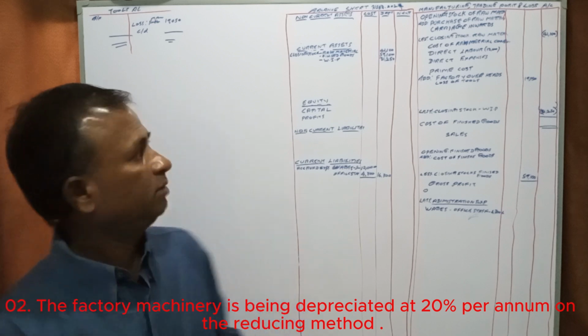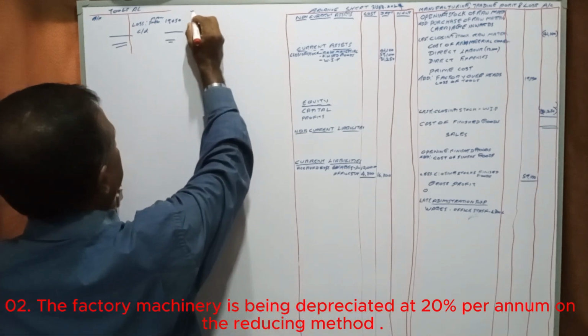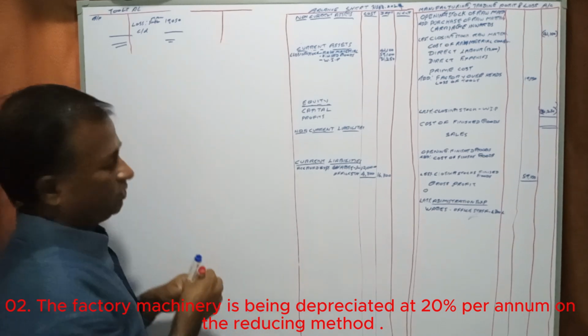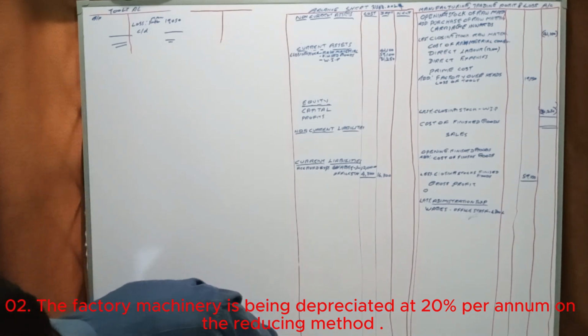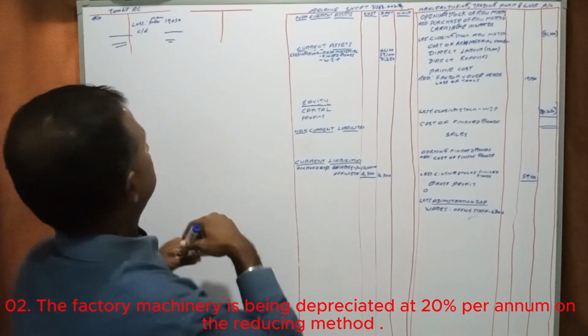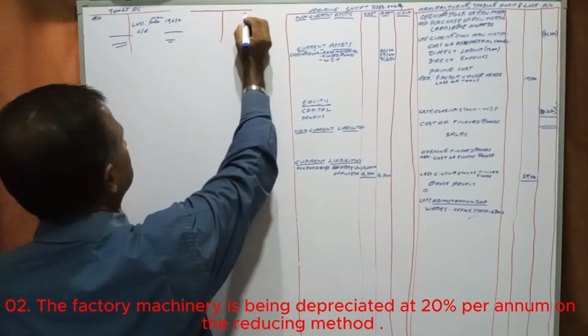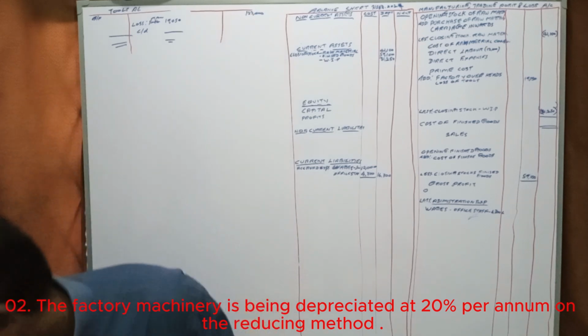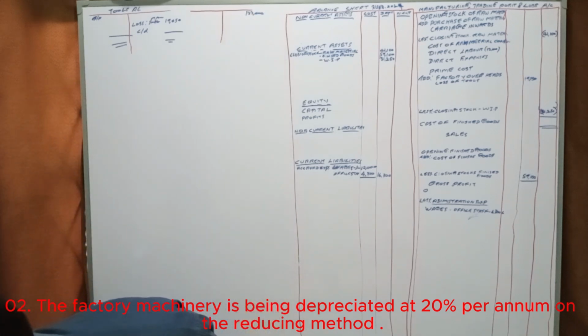Open a depreciation account. The machinery provision brought forward is 122,000.